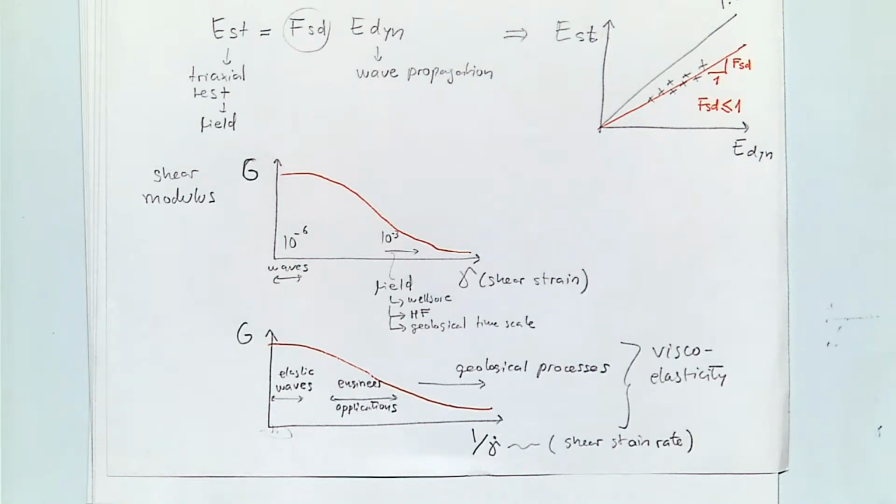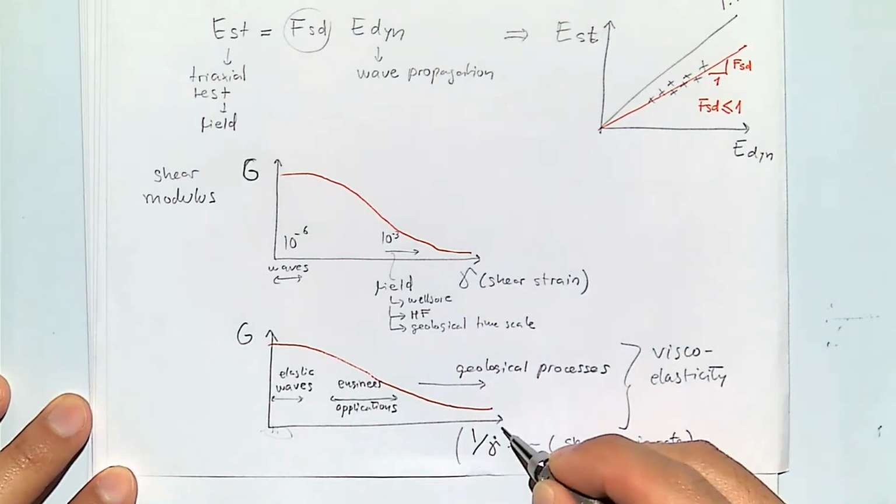Yes? For example, the strain rate for geological processes may be really small, right? But you're plotting here, it would be high, but it takes a lot of time to deform it geologically. So in my understanding, there would be a lower strain rate, right?